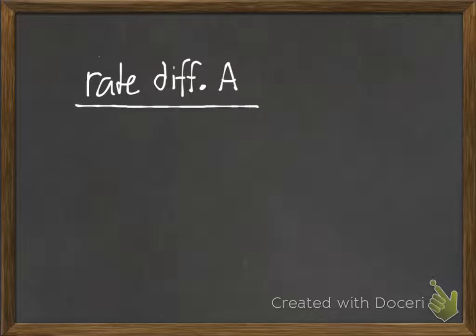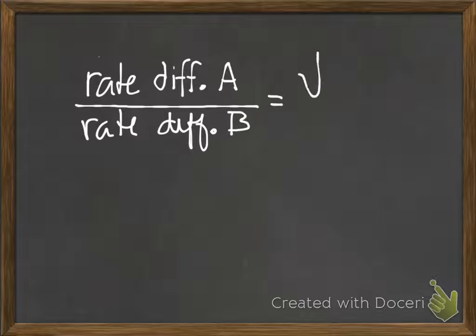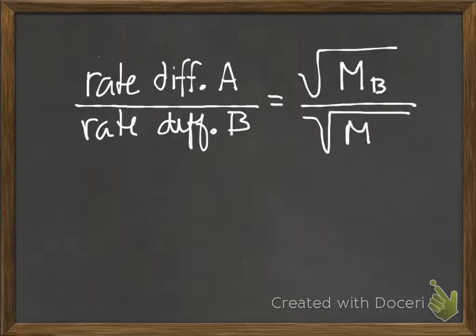I'm only going to tell you this, that the rate of diffusion or effusion of gas A over the rate of the same for gas B is equal to the square root of the molar mass of B divided by the square root of the molar mass of A. Okay, it's a pretty simple mathematical relationship.